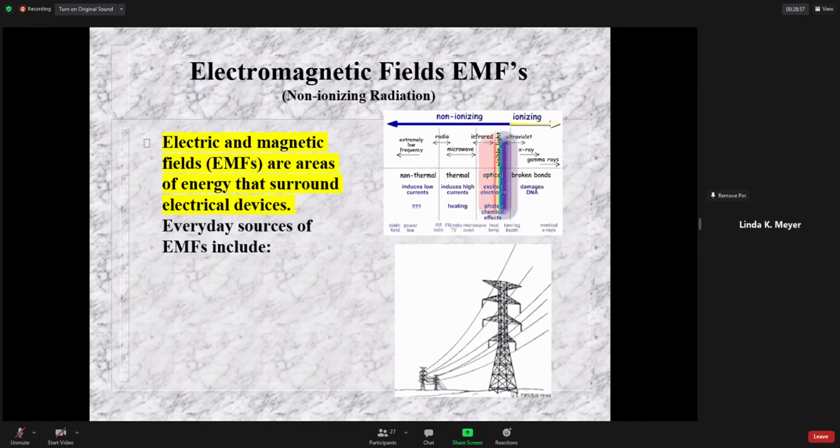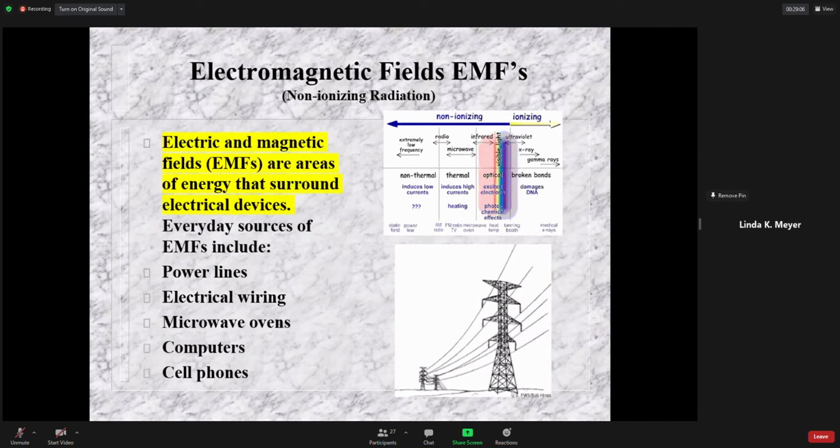I just wanted to list some of the everyday sources of EMFs: power lines, electrical wiring, microwaves, computers, cell phones. I'm not telling you that they cause cancer, but there have been some correlations or associations of these with incidents of cancer.